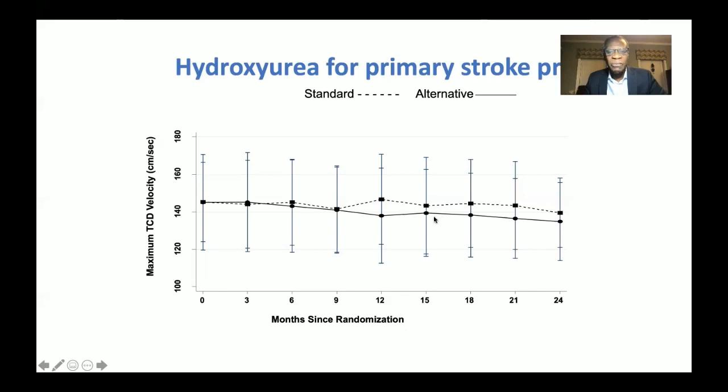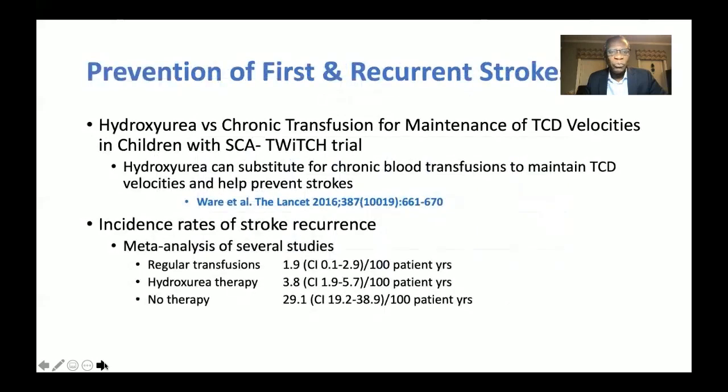But it provides significant hope for low middle income countries where access to blood transfusion is a challenge, that hydroxyurea could be a good substitute for primary stroke prevention and even secondary stroke prevention, as revealed by this slide. That the hydroxyurea versus chronic transfusion for maintenance of TCD velocities, as per the TWiTCH trial, shows that hydroxyurea can substitute for chronic blood transfusions to maintain TCD velocities and help prevent strokes.